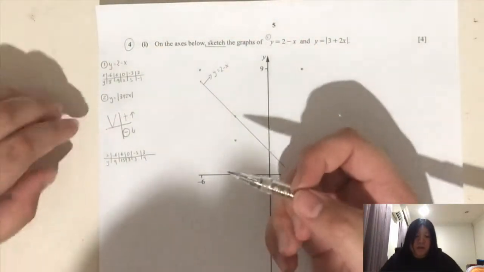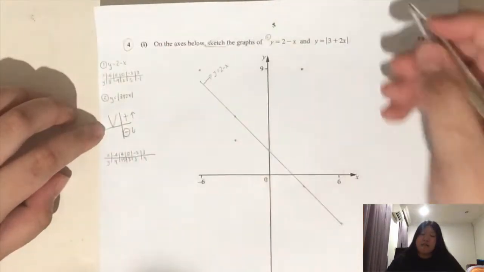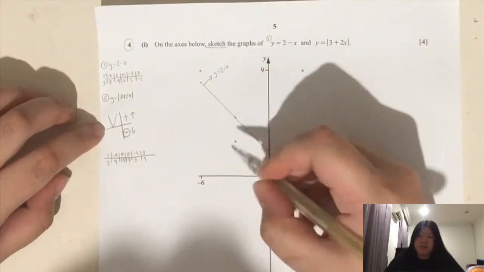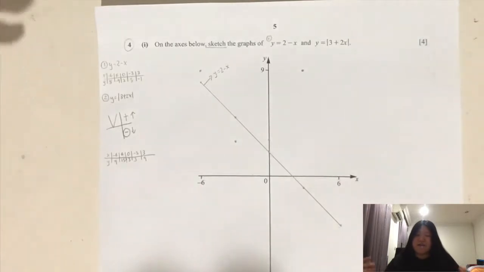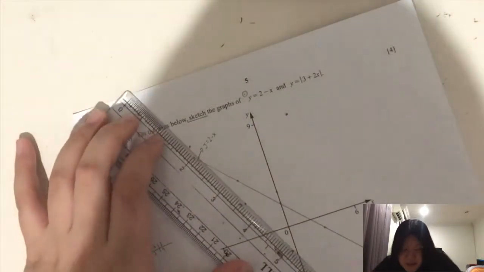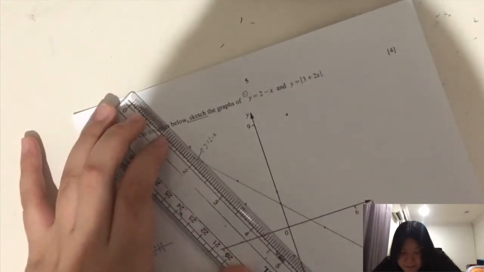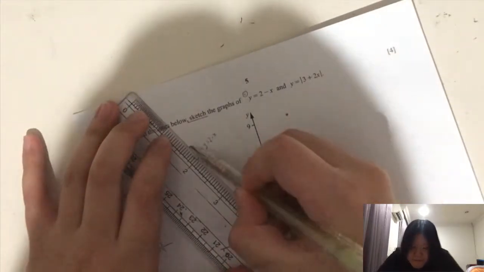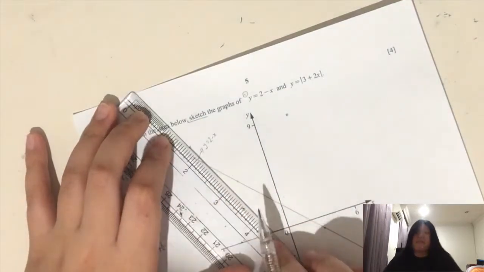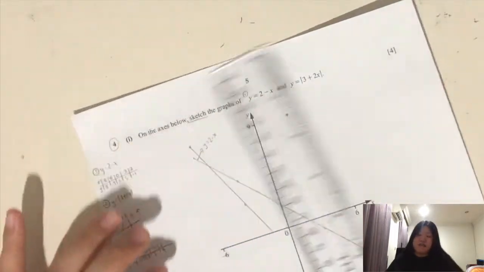And remember, the graph is a V. As you can see, we have some of the plots. We're just missing the plot for when the graph touches the x-axis. So we're just approximating it, connecting the lines together until it touches the x-axis, but it cannot cross the x-axis.